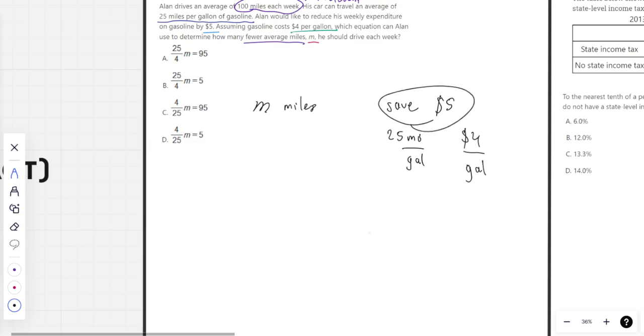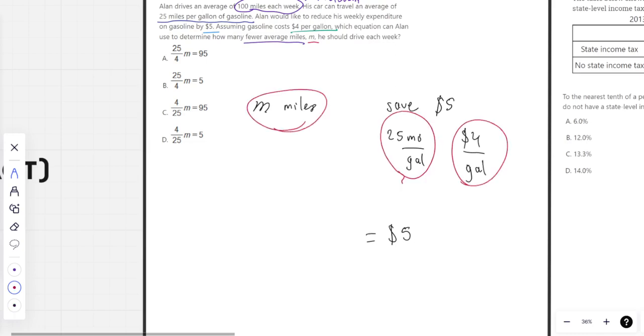Well, the end goal is to save $5, right? So let me set that as the right side of our equation, $5. And then everything else, we have to use like this, this, and this to somehow equate to that $5 saved.